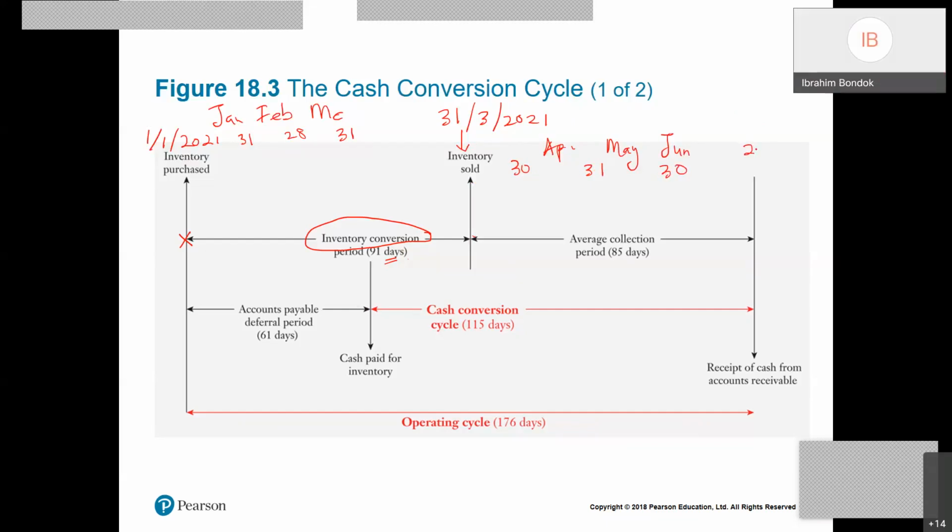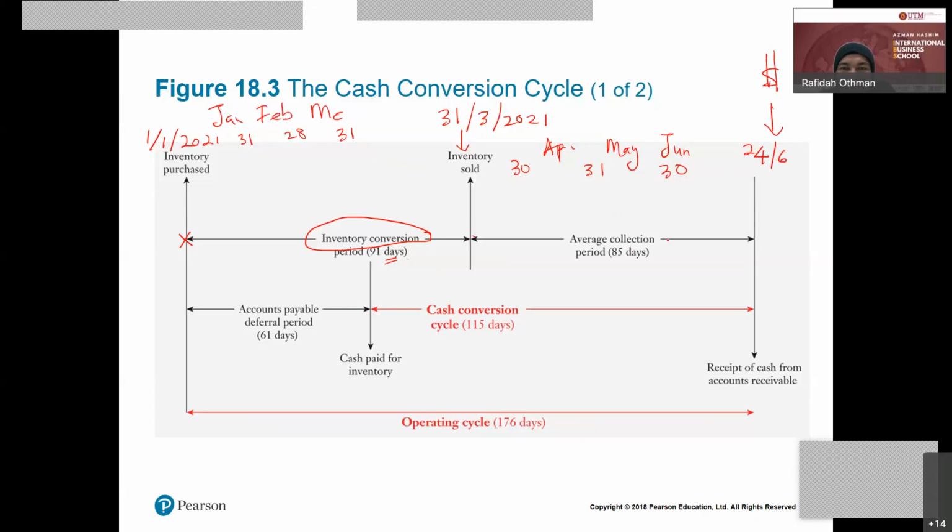Where's my calculator? 85. 85 minus 30, minus 31, minus 30. 24th of June. So 24th of June, you only get the money.